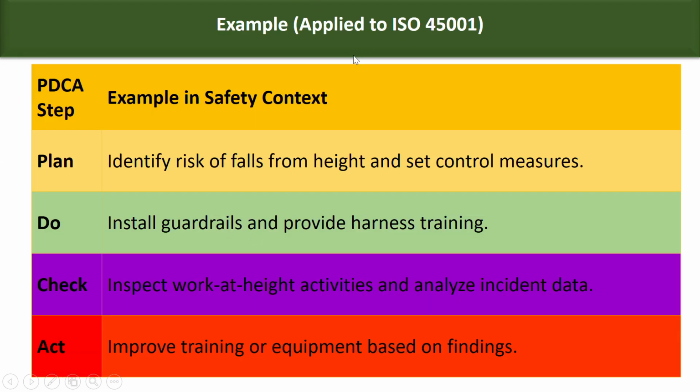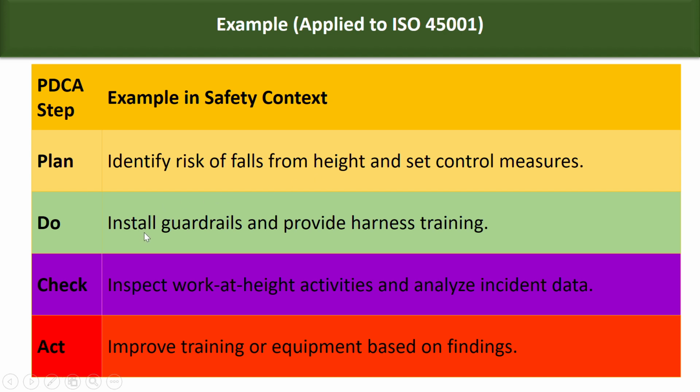Now we take one practical example that we apply for ISO 45001. PDCA steps and an example in a safety context. Plan: what is the planning part? Identify the risk of fall from height and set control measures. This is our planning.